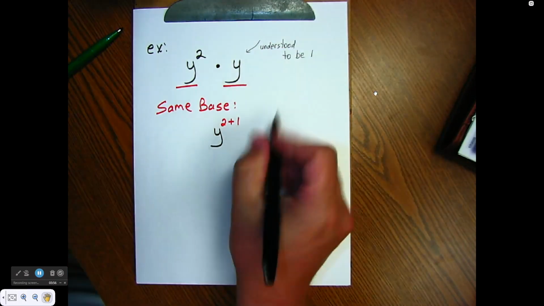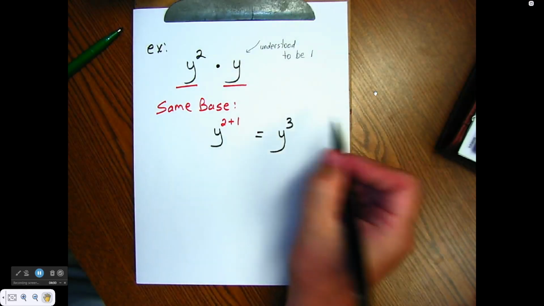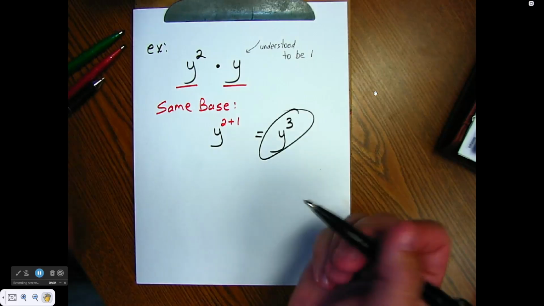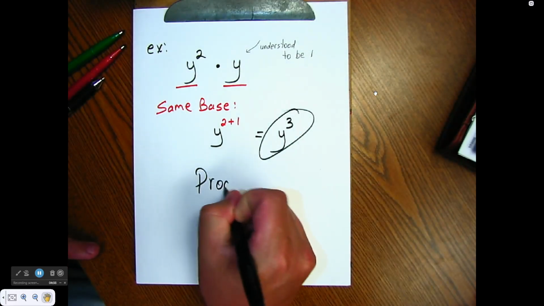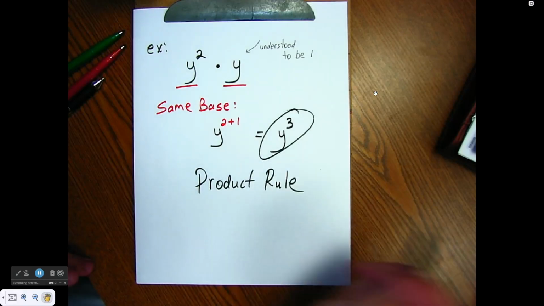Well, y to the 2 plus 1 gives me y to the power of 3. And that is my final answer. And again, the name of this rule that we just used is called the product rule.